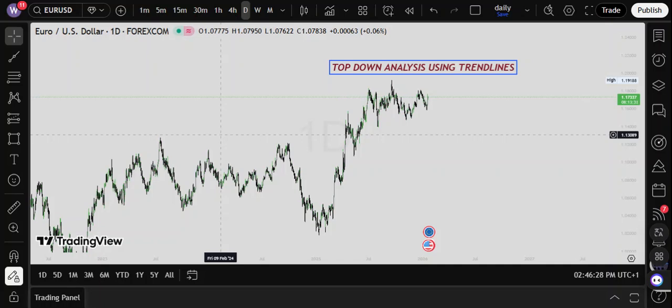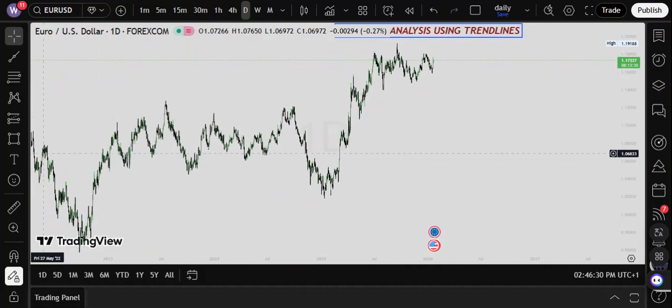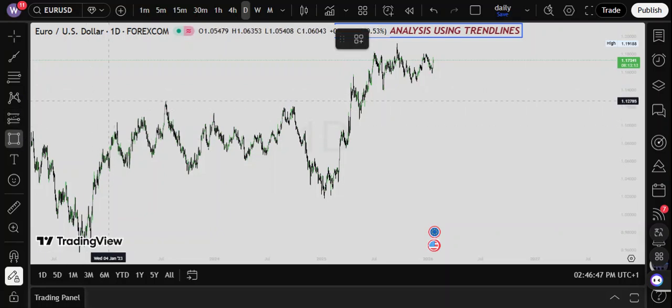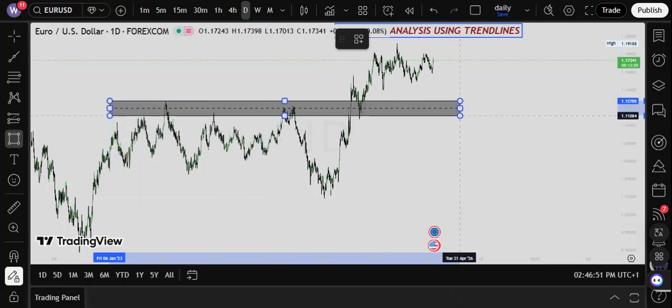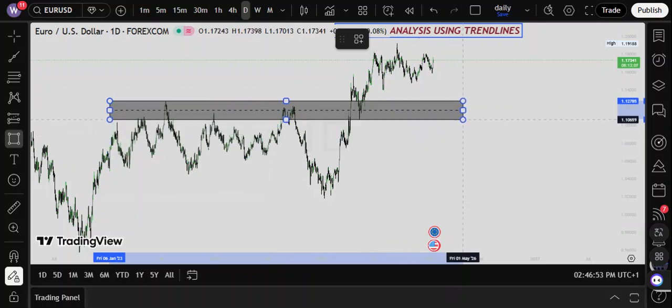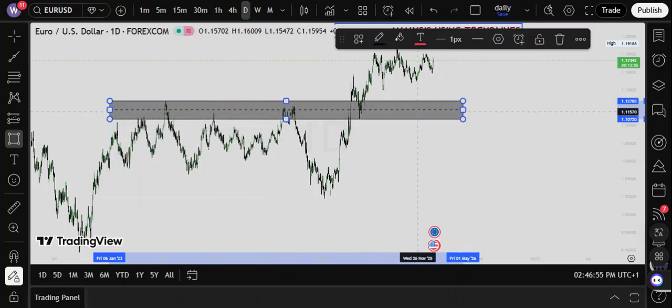Now looking at this current chart, we don't need all this data, right? Because this is the major data that we're having currently. Am I correct? So you have to select the area of resistance or the area of support in this time frame as of now. Looking at this carefully, we have an area of resistance all the way here, which has broken to become support.